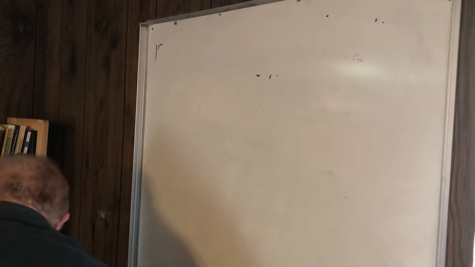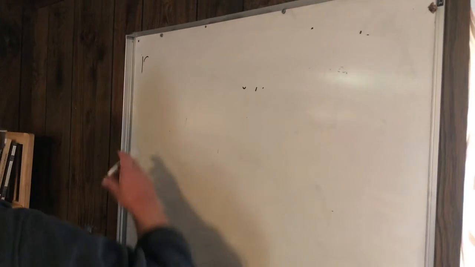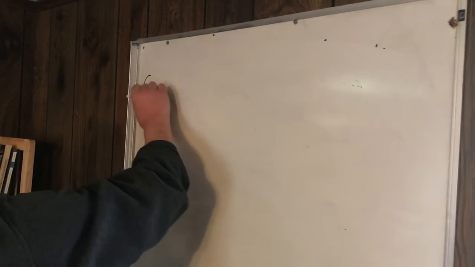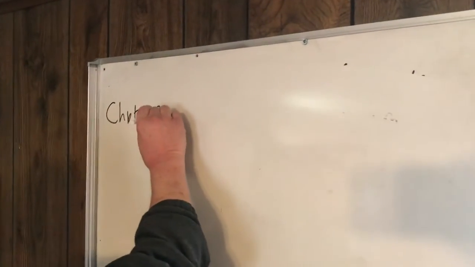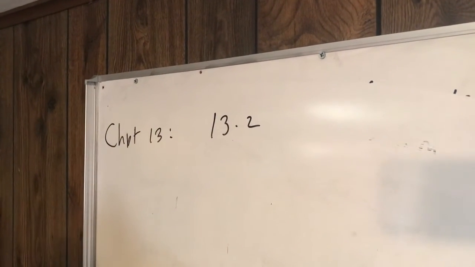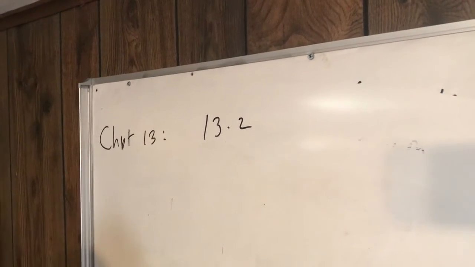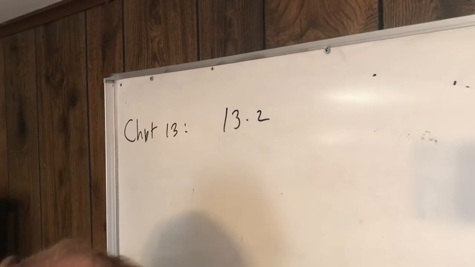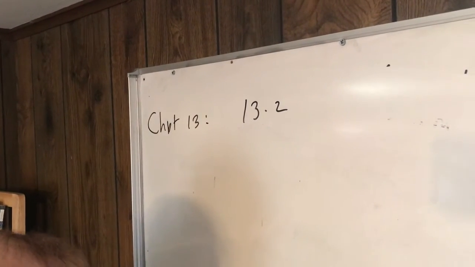And now we're going to enter chapter 13. And we're going to do 13.2. I'm skipping the area under the curve for now. I'm going to do one example on it, but not right now.